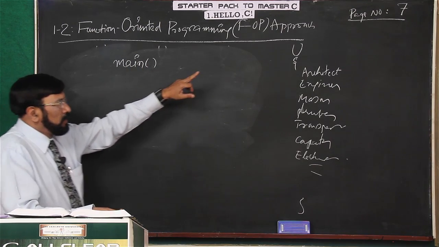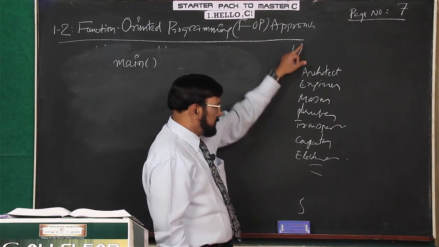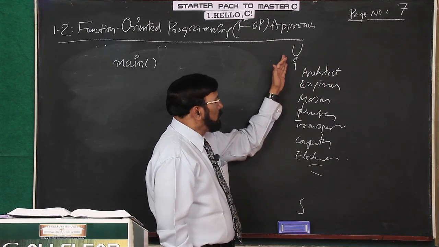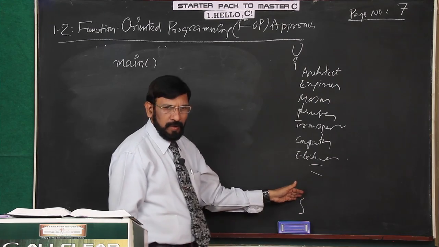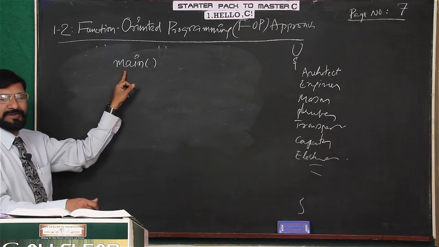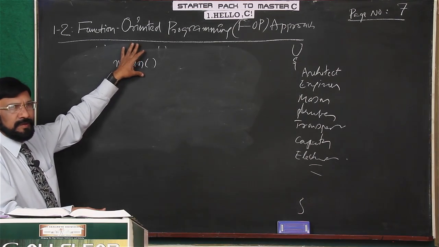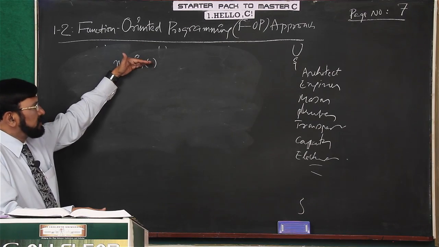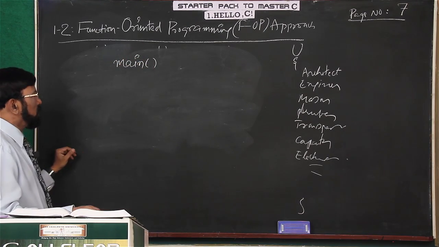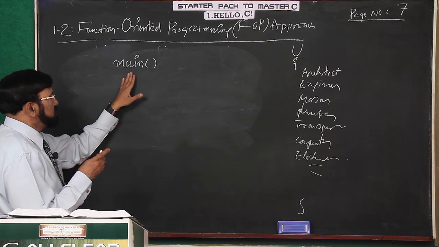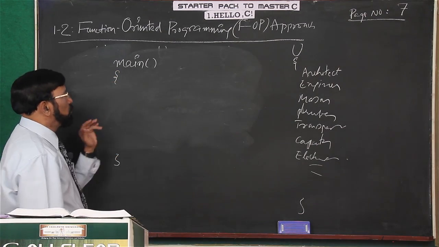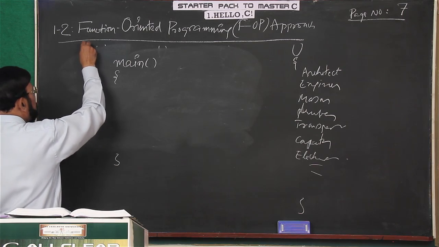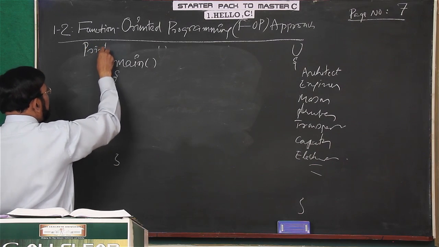Main. Now you are the manager of the entire activity. So you are the manager of all your activities, all your programs. Here the main function is the manager of a program. Now you see the same program I explained, printing marks report.